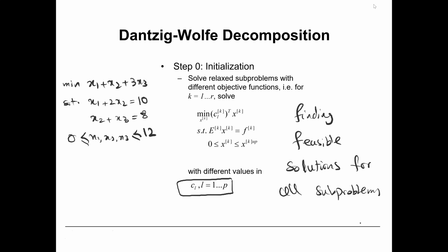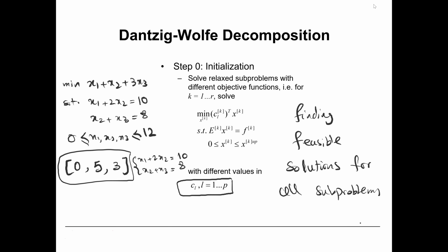In this case, if I want to find a feasible solution, one feasible solution could be x1 is equal to 0, x2 is equal to 5, and x3 is equal to 3. Why is this feasible? Because when we compute x1 plus 2x2, it is 10, and when we compute x2 plus x3, it is 8. All right, so this is one feasible solution.